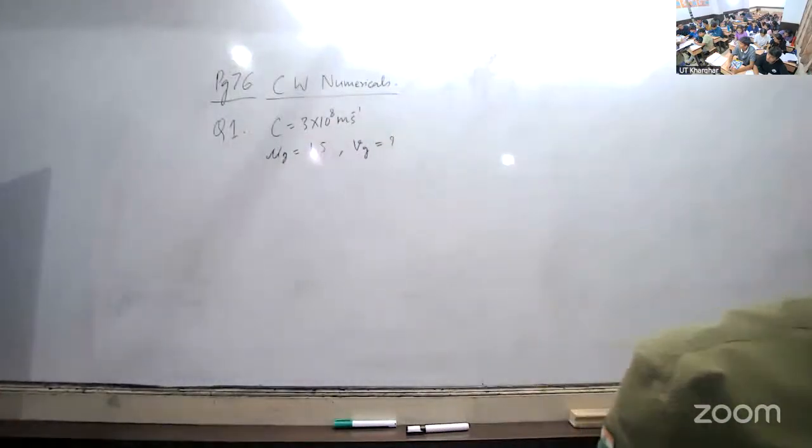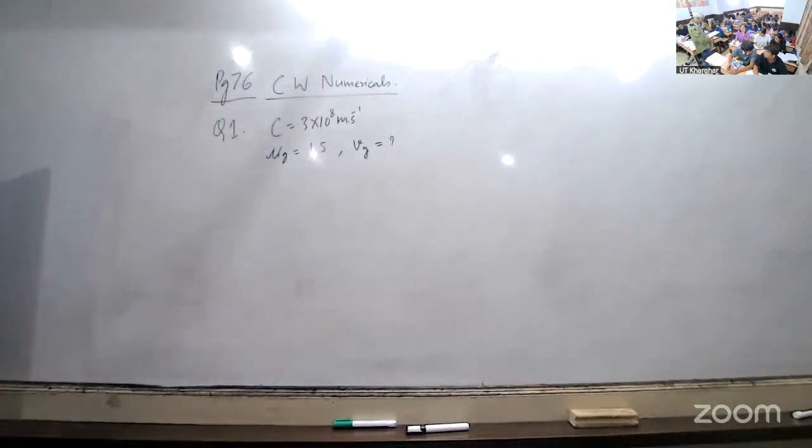Distance upon time, right? Calculate the speed of light in glass. So first write down the given data. Also write down what you are supposed to find. And see which formula is applicable. Which formula will be applicable here?